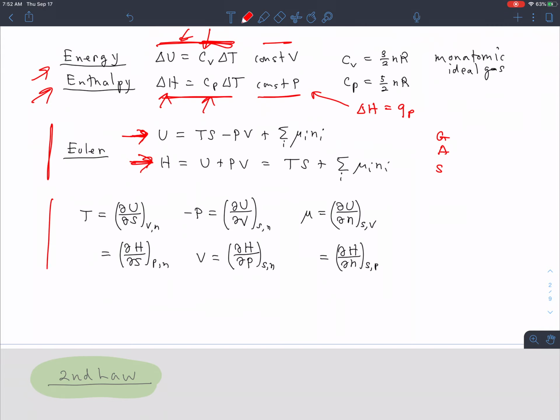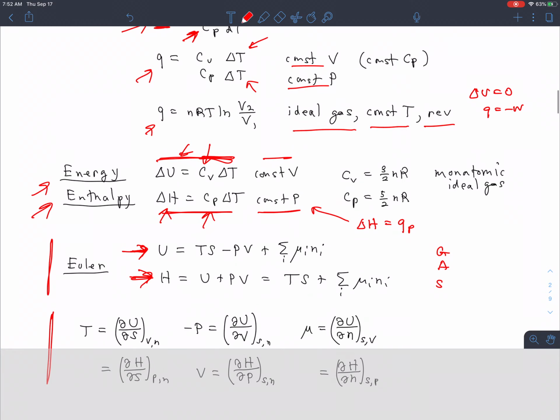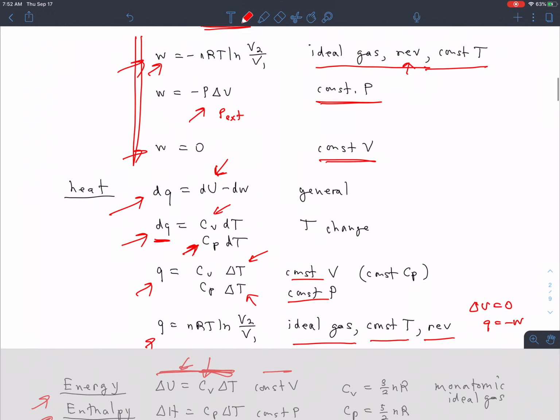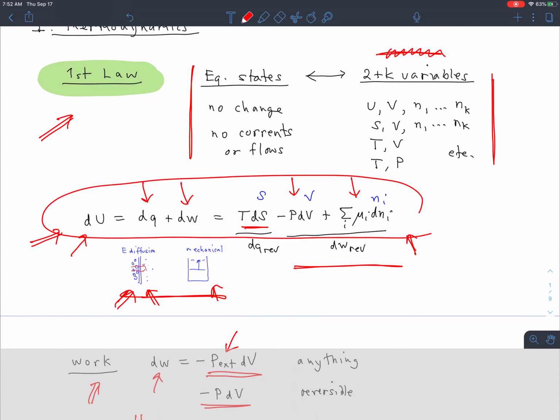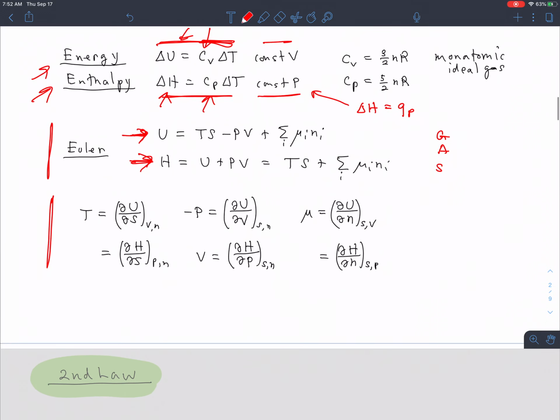Also, by way of formal relationships, there are all these derivative relationships. Remember, those can be derived rather quickly, almost by inspection, from the first law. If we look at, for example, the fact that entropy, volume, and mole numbers are the fundamental variables for energy, then temperature has to equal dU/dS at constant V and N, and that's one of these derivative relationships down here.